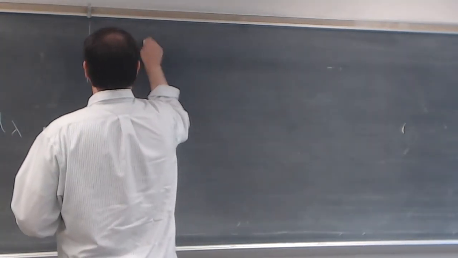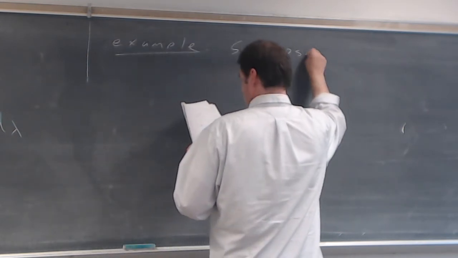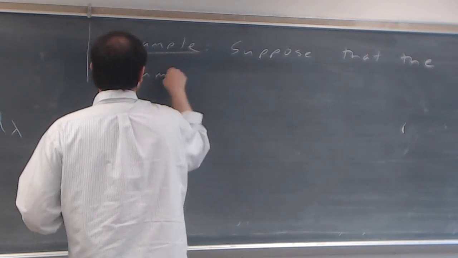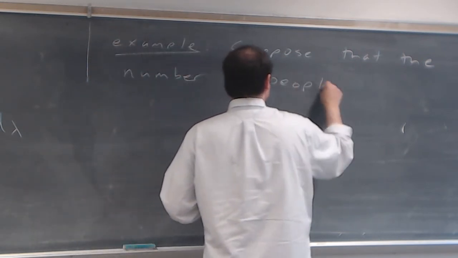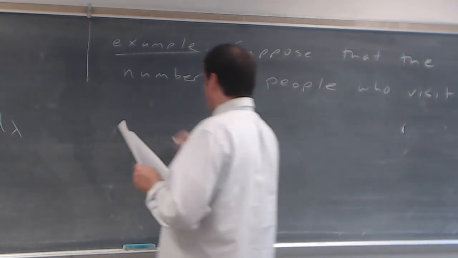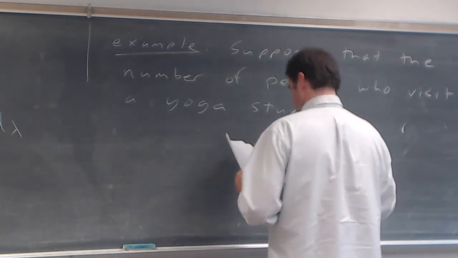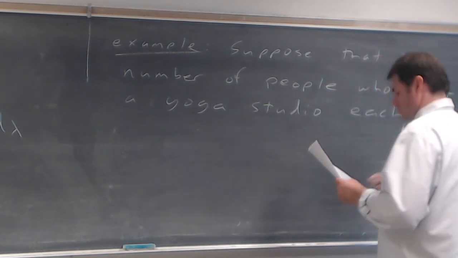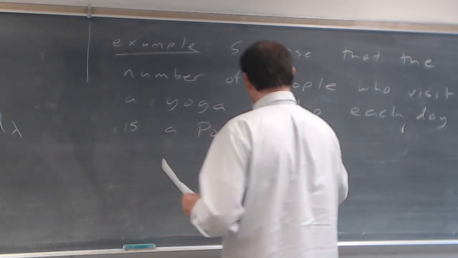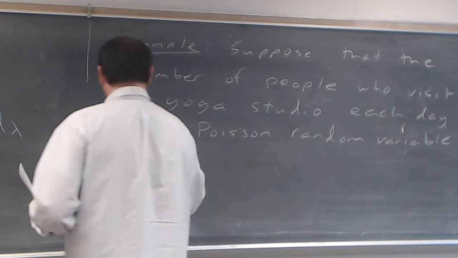Here's an example. Suppose that the number of people who visit a yoga studio each day is a Poisson random variable with mean lambda.